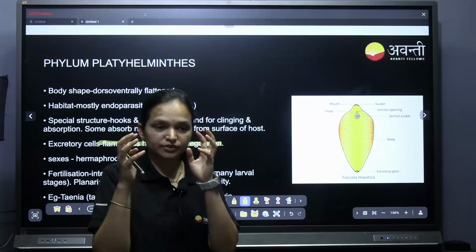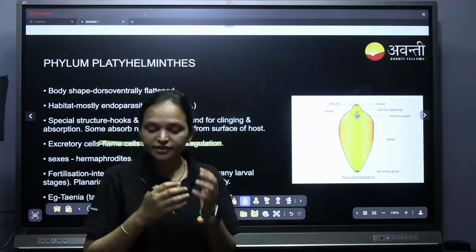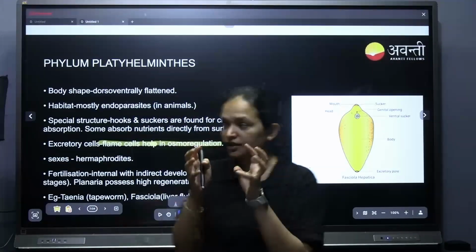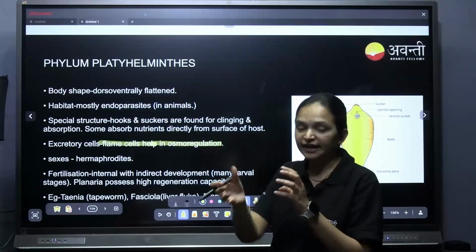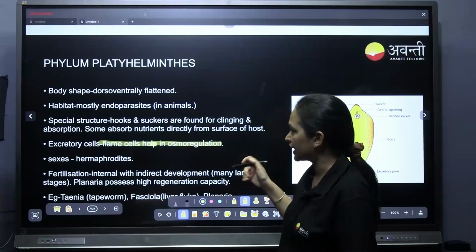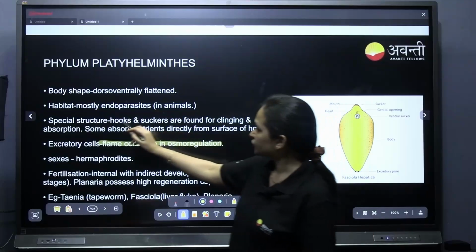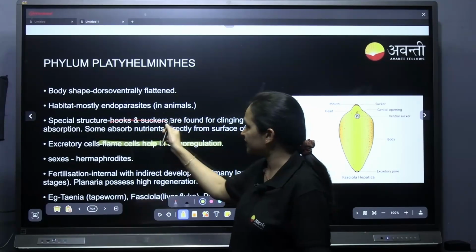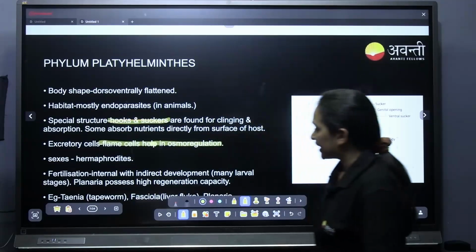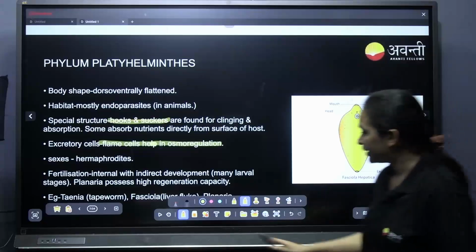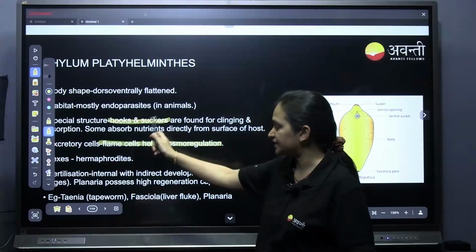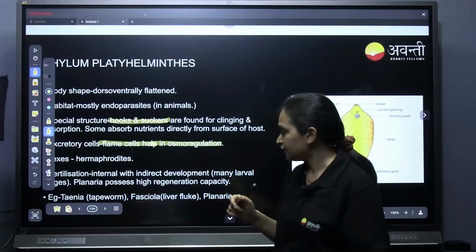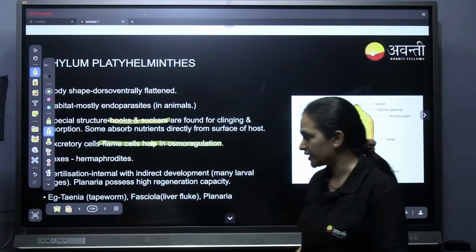Because as they are the parasites, they should have suckers for draining the nutrition from the host organism. So these have hookers and suckers here. That becomes one of the very important point. That is, one is flame cell for excretion, and hooks and suckers for draining the nutrition from the host organism.